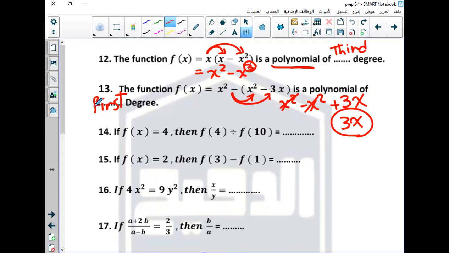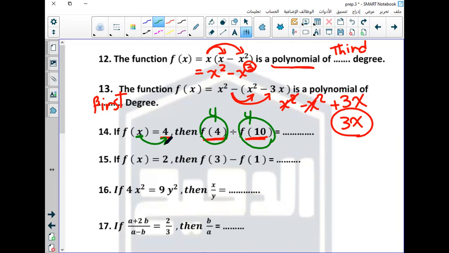Number 14, f of x equals 4, then f of 4 divided by f of 10 will be equal to 4, and f of 10 will also be equal to 4, because here in f of x there aren't any x in this equation.